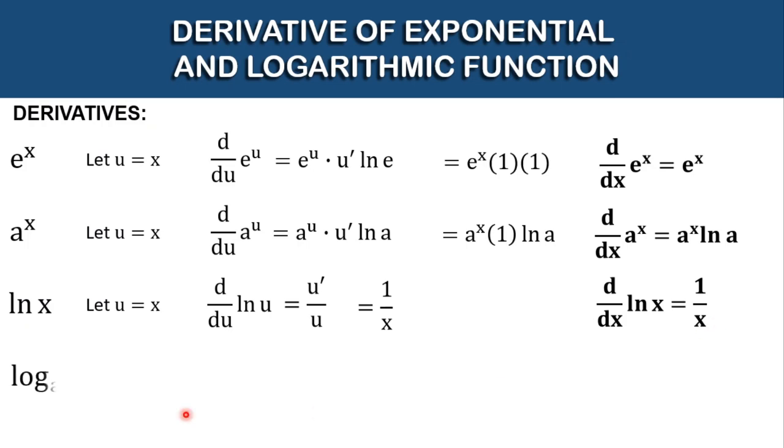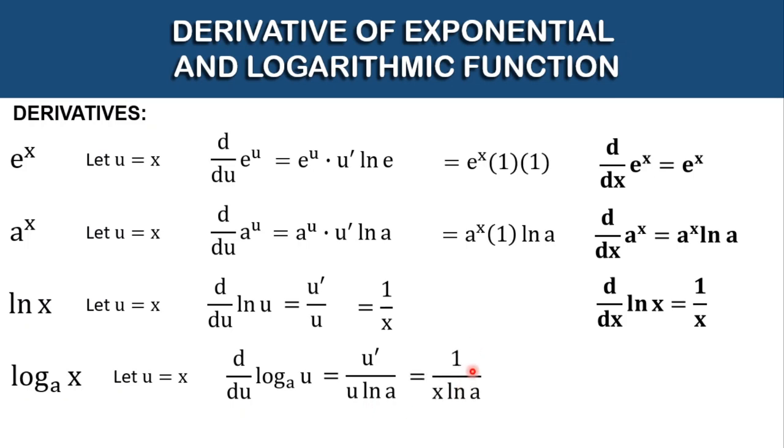And the fourth derivative is the logarithm of x with base a. Again, let's let u is equal to x. Then d over du of the logarithm of u with base a is equal to u prime, or the derivative of u, over u times ln a. This is equivalent to 1 over x times ln a.